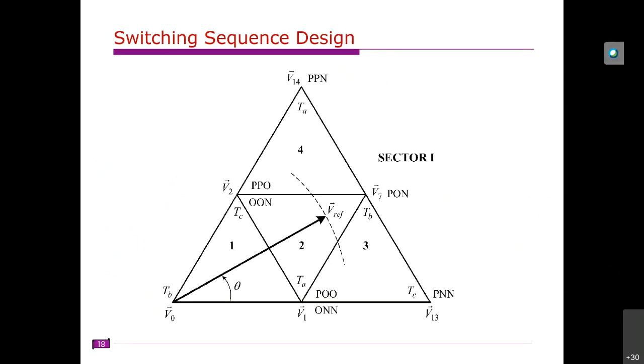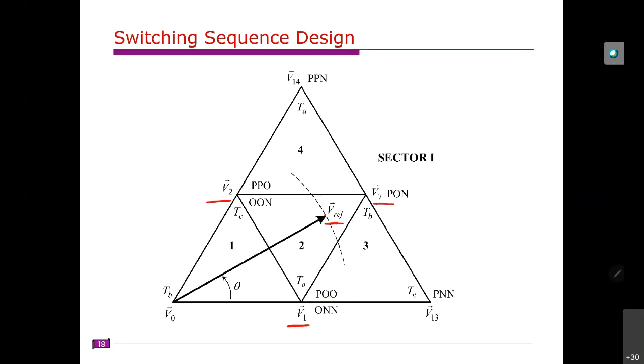Right. So let us calculate the switching sequence. Let us assume that it falls in sector 1, region 2. In this case, the nearest space vectors are V1, V7 and V2.